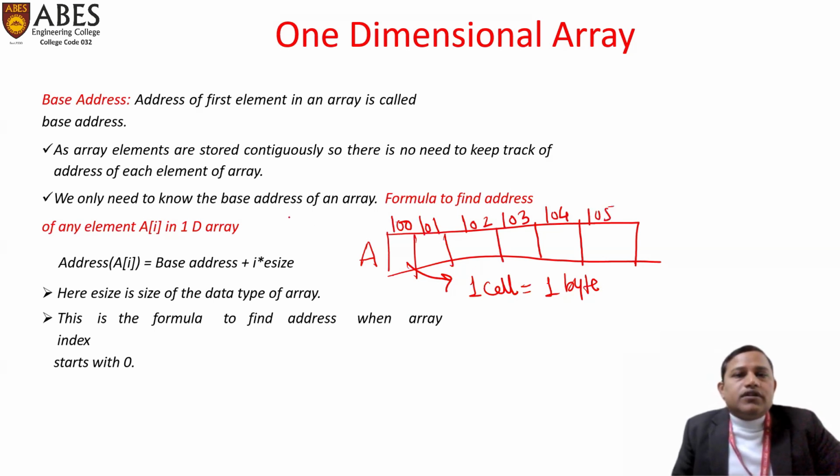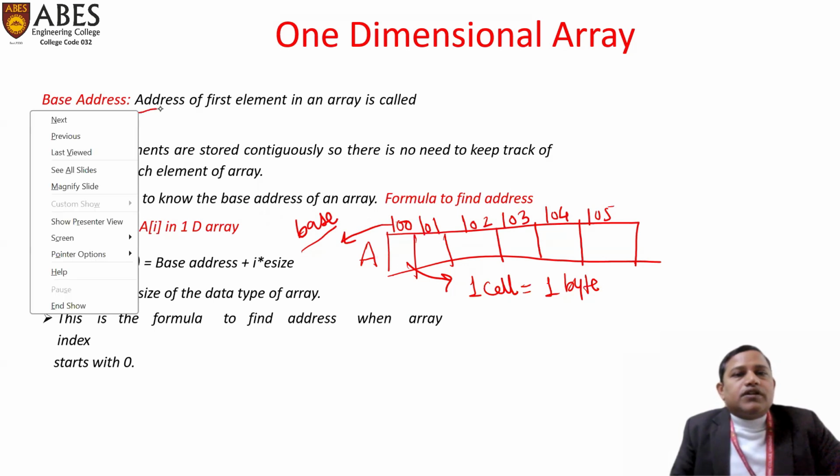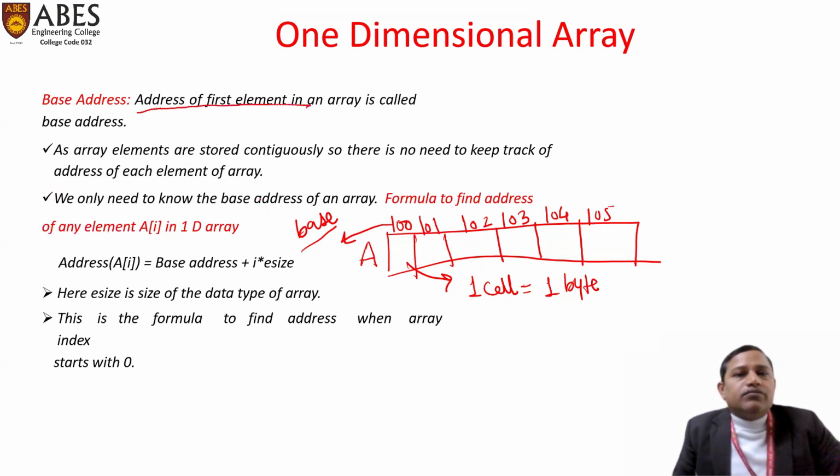Okay, so what is the base address? Base address means the address of the first index, the first element stored in memory in a one-dimensional array. The address of the first element in an array is called the base address.